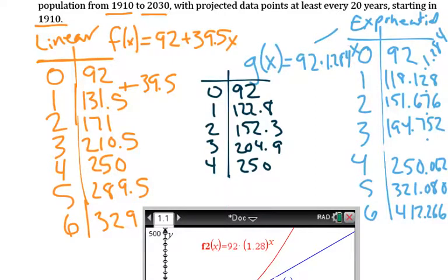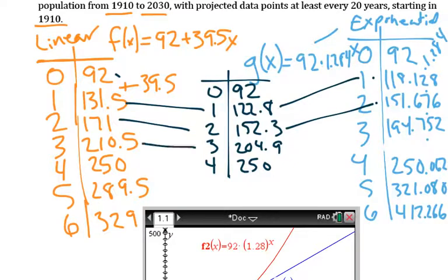Looking at those, matching them up: 131, 122, 118, 122, so exponential was a little bit closer. 151 and 152, quite a bit closer. This one started to get way off, right? Then that one gets pretty close, a little better than that one, isn't it? And then we had 250.